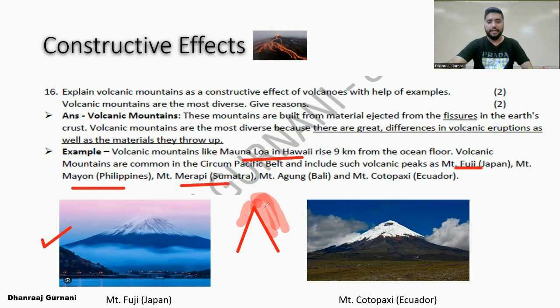Mount Merapi in Sumatra. Mount Agung in Bali, and Cotopaxi in Ecuador. Here you have a photo of Cotopaxi, Ecuador. So what are the examples of volcanic mountains? They are very diverse. We'll see the examples: Mauna Loa, Fuji, Mayon, Merapi, Agung, and Cotopaxi.